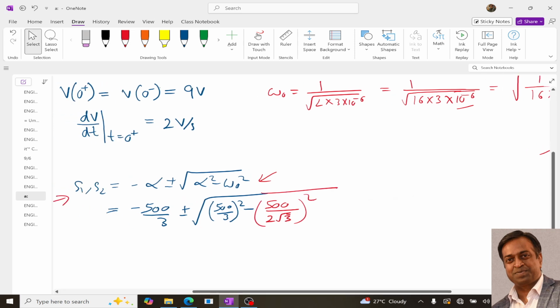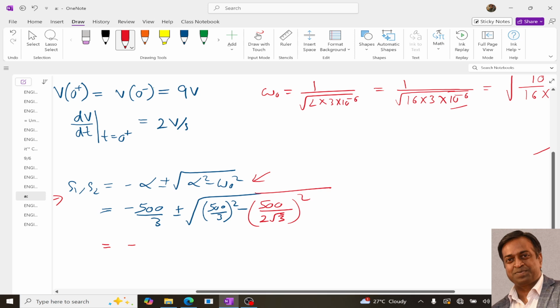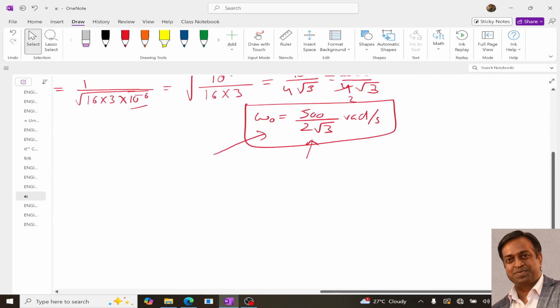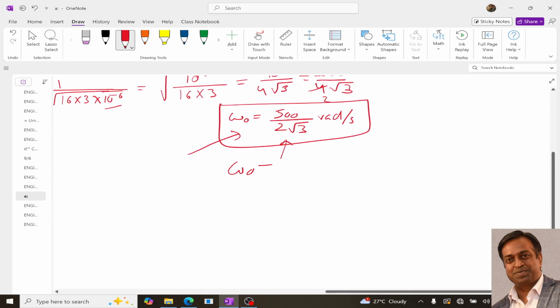So it is minus 500 by 3 plus minus, taking this 500 by 3. This omega naught can also be written as 500 root 3 upon 2 into 3, right?